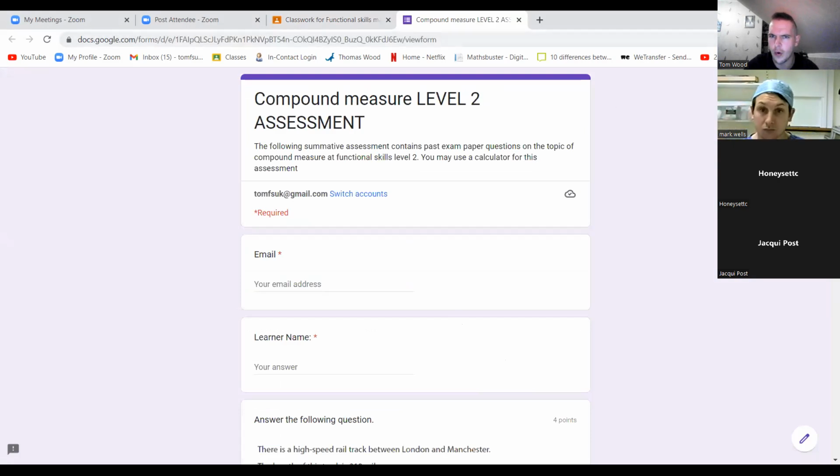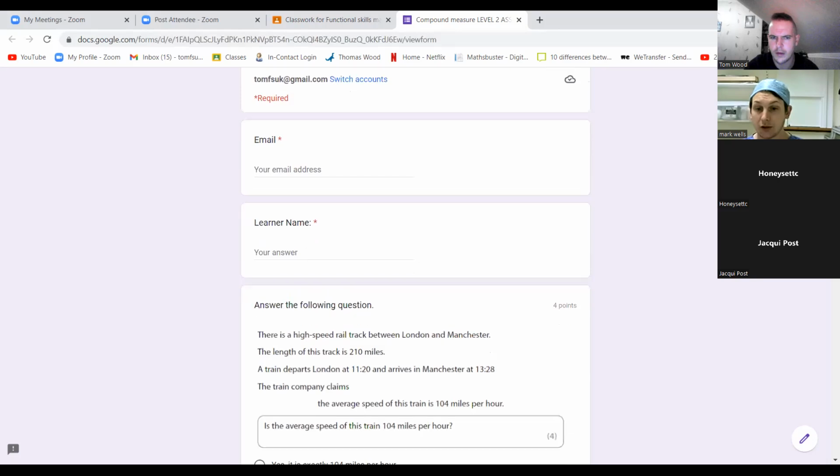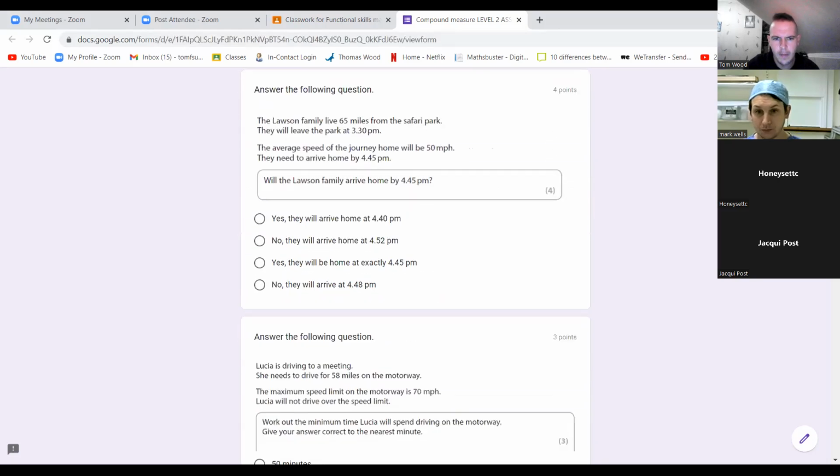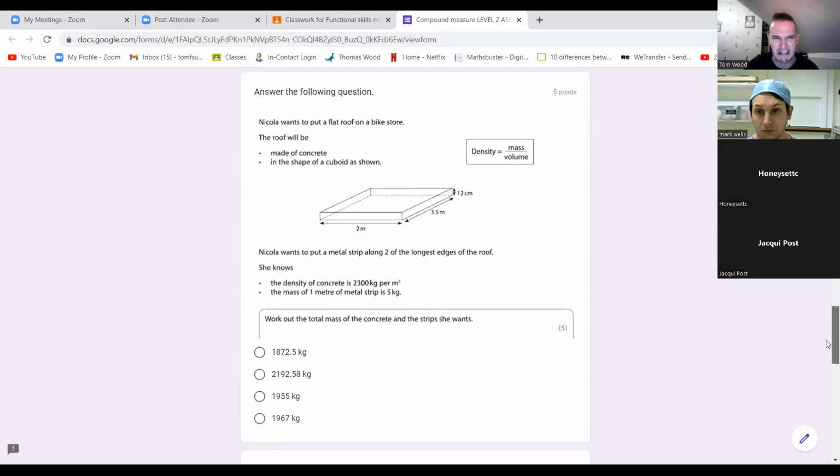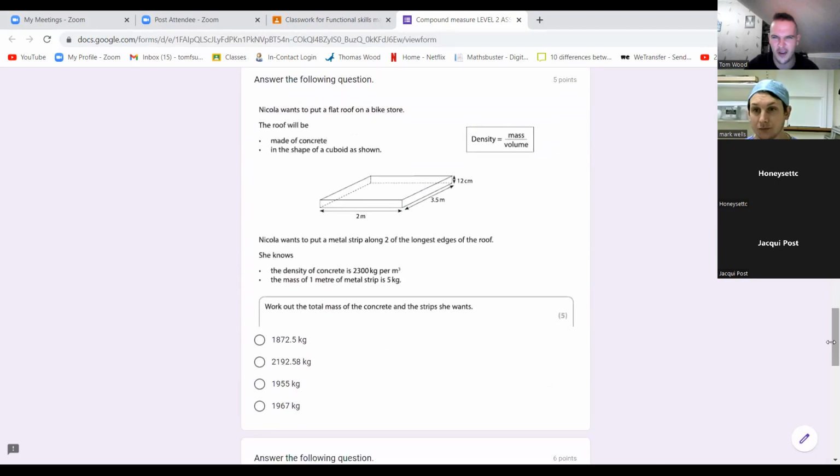Can you see the form? Has that loaded up for everyone? Yeah. Okay, brilliant. Let's have a look at this pesky question. There it is. Oh, it's horrible, isn't it? Look at it, just sitting there being all questiony. Okay, can you all see that one?